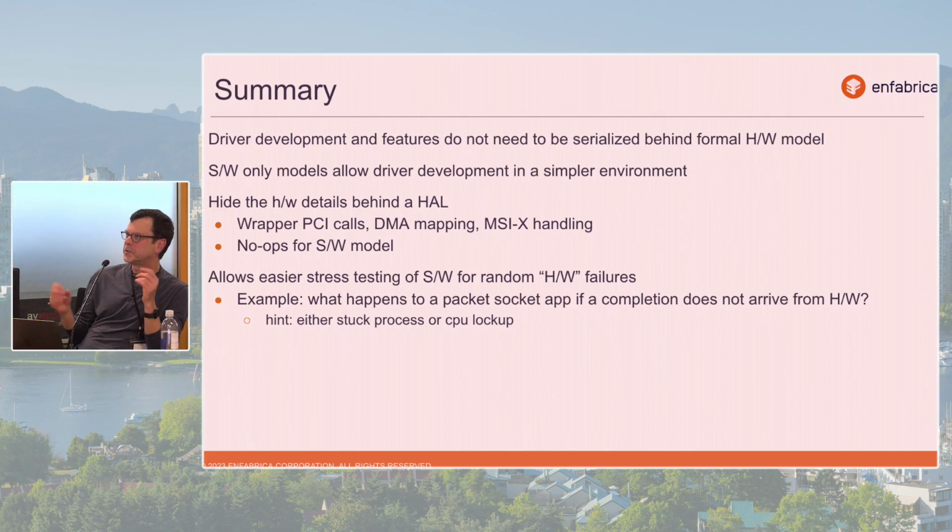It's wrapping things like the actual PCI calls, the DMA mapping calls, the fact that you need virtual addresses, so when you're doing any kind of submissions to hardware, make sure the testing model gets the virtual address, and the hardware actually gets the physical address. And then we can get into the what-if scenarios. What if this happens? What if that happens? So, all right, that's all I had. Any questions?